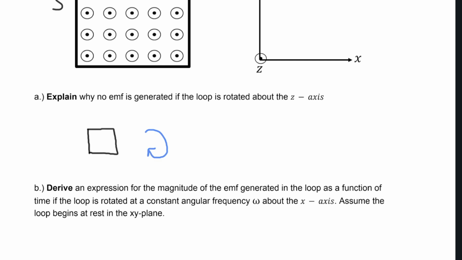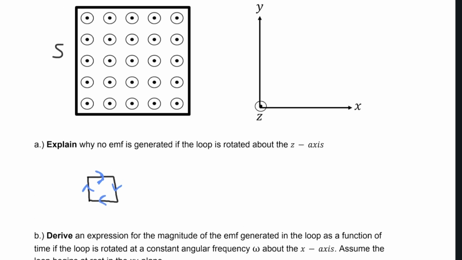So if I just spin the loop counterclockwise, like this, and I'm physically turning it, well, there's no difference in the amount of magnetic field penetrating that loop. So there's no change in theta, so the flux change would be 0.